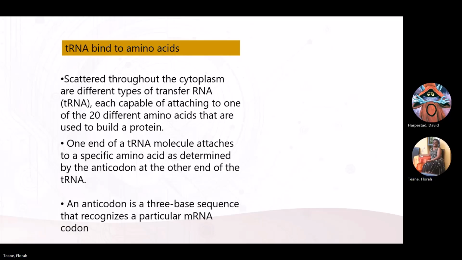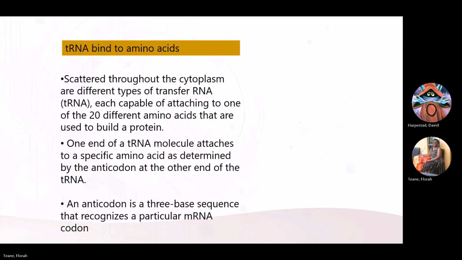Now, when the transfer RNA collects amino acids from the cytoplasm to the ribosomes, there will be no mistake. The amino acids that are being selected will be placed or arranged in the sequence that was determined by DNA and the messenger RNA.